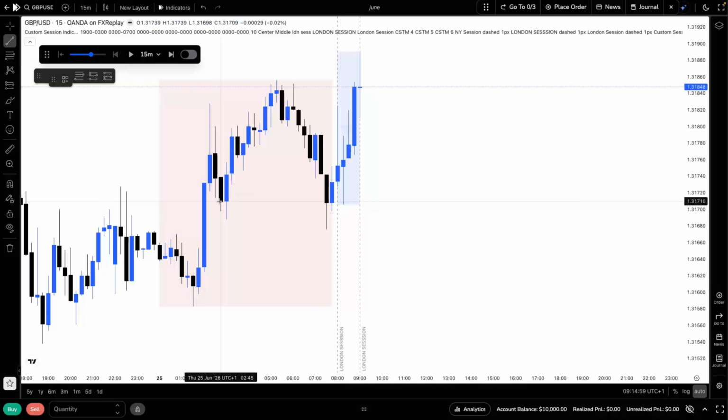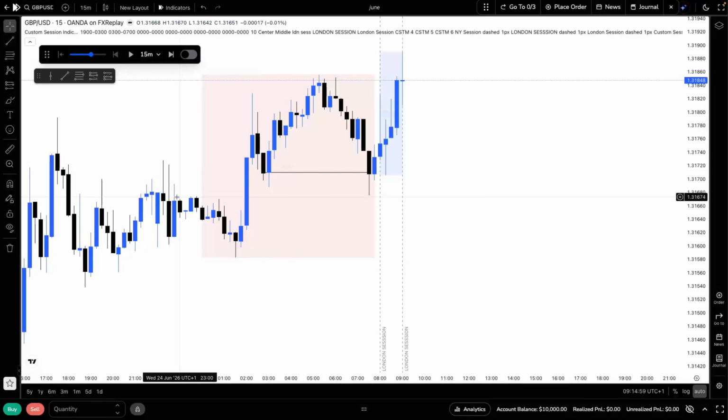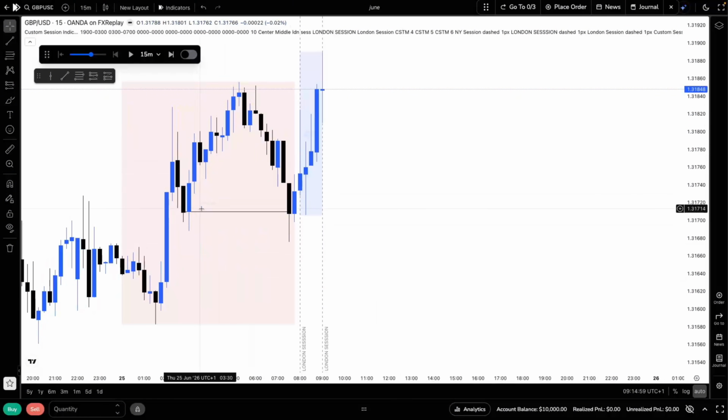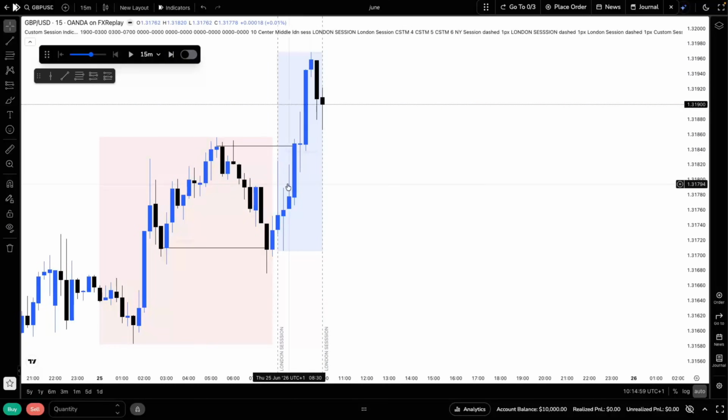You know, you could say this is structure, which it is kind of, but for me, this would be the main structure to be broken. So let's just say, for argument's sake, this structure is broken. Cool. So it's broken structure to the outside, broken structure to the bottom side, and then it's continued.